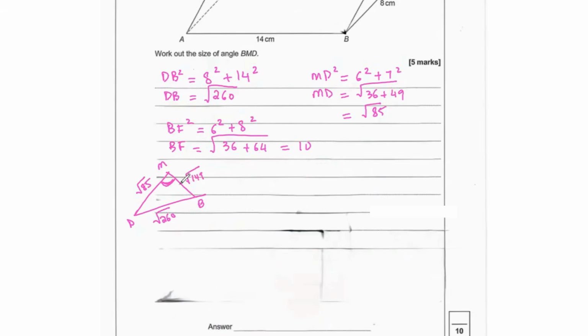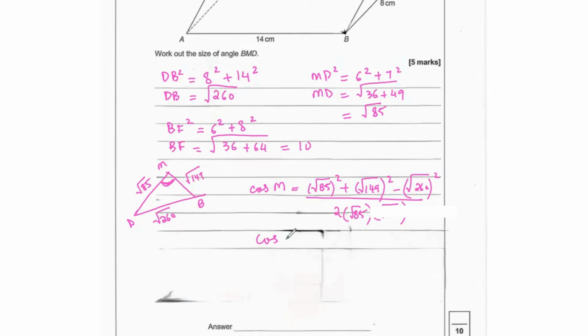This is the angle that we have to find. So cos of M is going to be root 85 squared plus root 149 squared minus root 260 squared divided by 2 times root 85 times root 149.